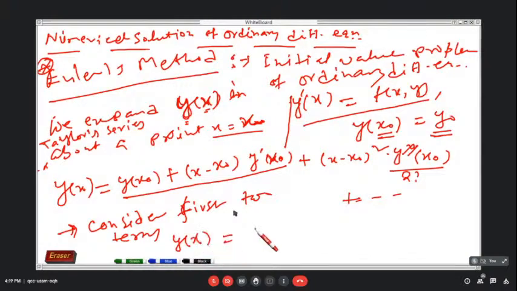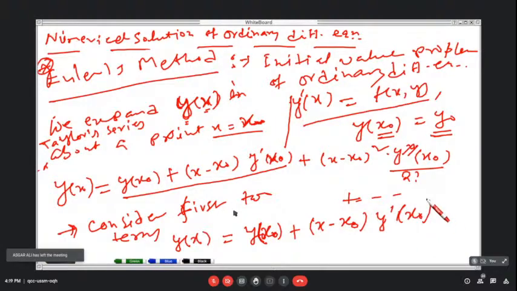We have seen this before, right? y of x0 plus (x minus x0) into y prime of x0, and the rest we are not considering.